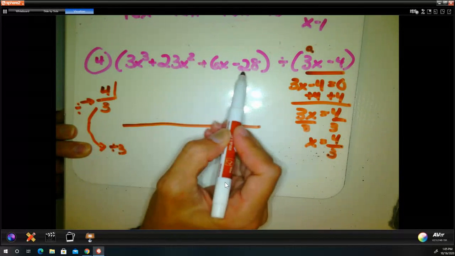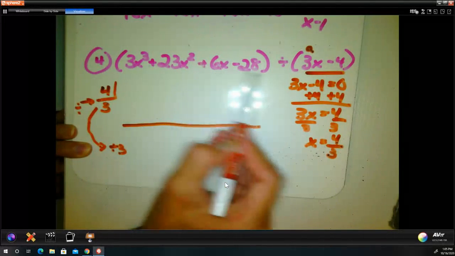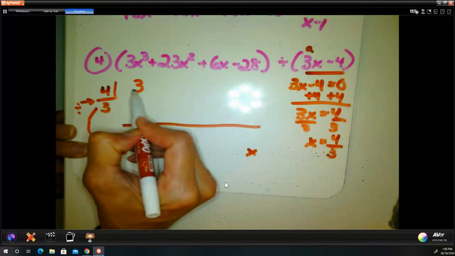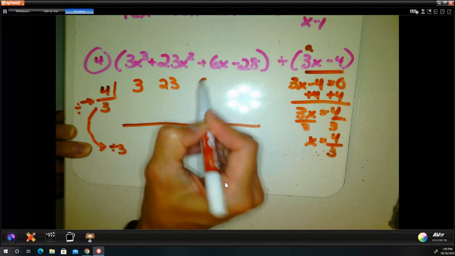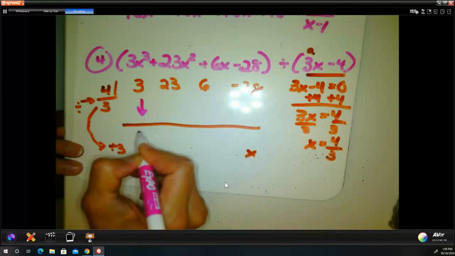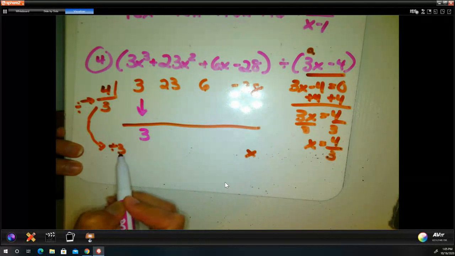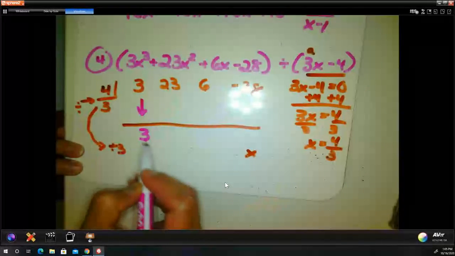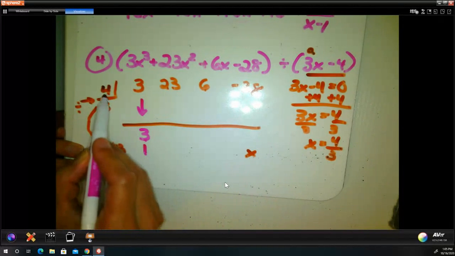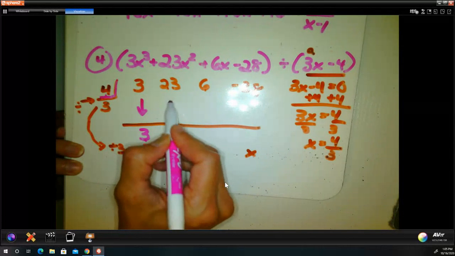So still want to put it in standard form, 3, 2, 1, 0, so I don't have to add any terms in here. My coefficients are 3, 27, 42, negative 28. Very similar steps in that I bring down my first term. Now I'm just going to divide. So 3 divided by 3 is 1 before I carry on and multiply. So 1 times this 4 is going to give me 4.